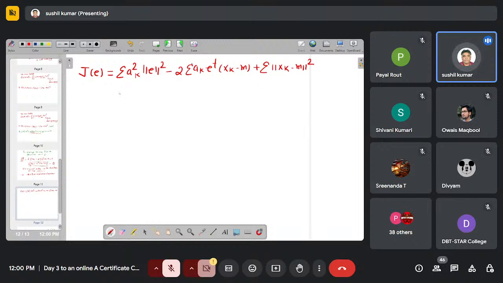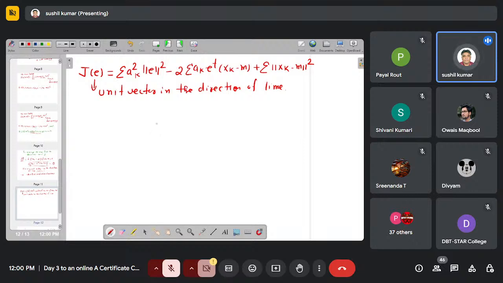Okay, so E is the unit vector in the direction of the line. So E is nothing but a unit vector in the direction of the line.